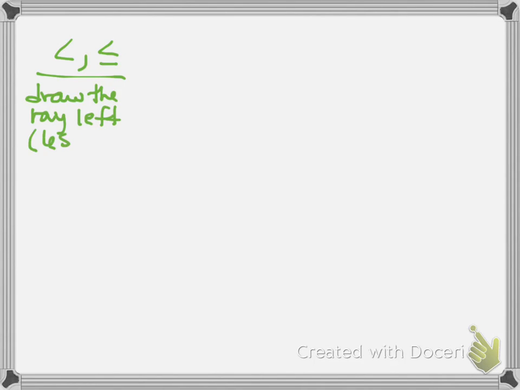Okay, now we can group those symbols a different way: the direction that they're facing. I have a less than, and I have a less than or equal to. This tells me draw the ray left. And the reason why we go left is because that's where things are less than.